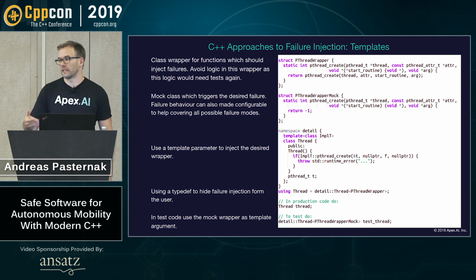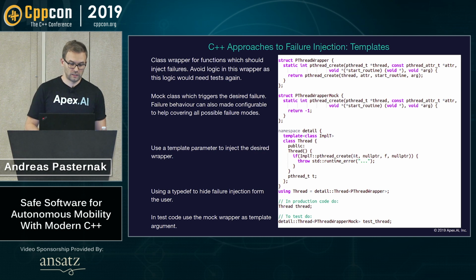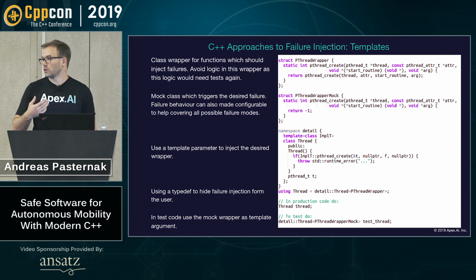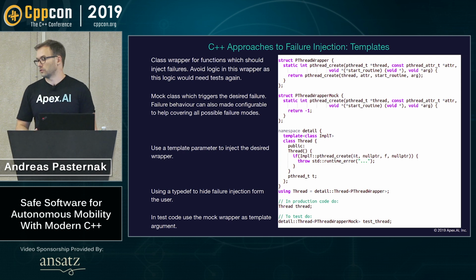You can make this mock class configurable through some singleton configuration, so you can switch which error the mock class should create. Then in your implementation, you would use a template parameter to inject the desired wrapper. For the user-facing side, you can hide this failure injection machinery behind a typedef, and in test code you would use the mock wrapper as a template argument.